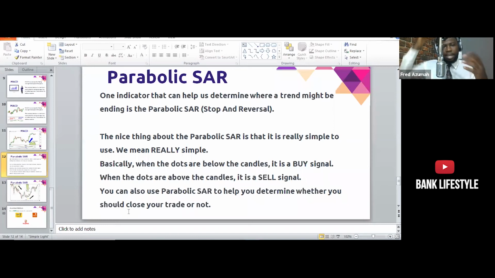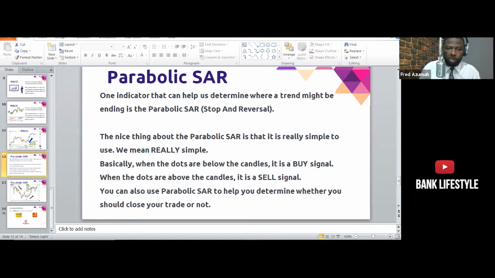So the first indicator I was using, even with the binary options, was the parabolic SAR because of its nature. I could say it's one of the most simple indicators in trading. It's so simple to use and fun to use as well. The MACD comes nowhere near the parabolic when it comes to simplicity.